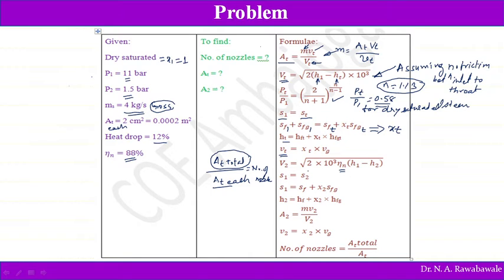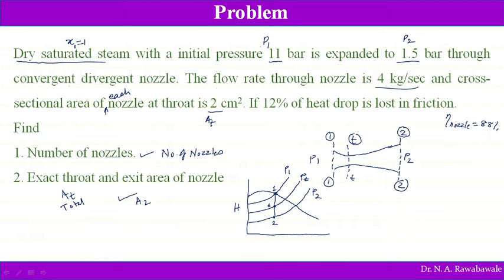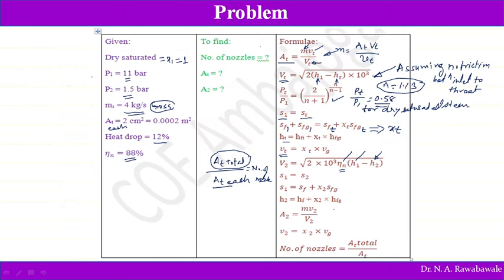So now the velocity can be obtained. H1 is known and nozzle efficiency is known. We have to find H2. To find H2, we must know the dryness fraction at point 2. Here the steam is going to be wet, and X2 is the dryness fraction. To find X2, we equate the entropy at 1 to the entropy at 2, so Sf2 plus x2 Sfg2.